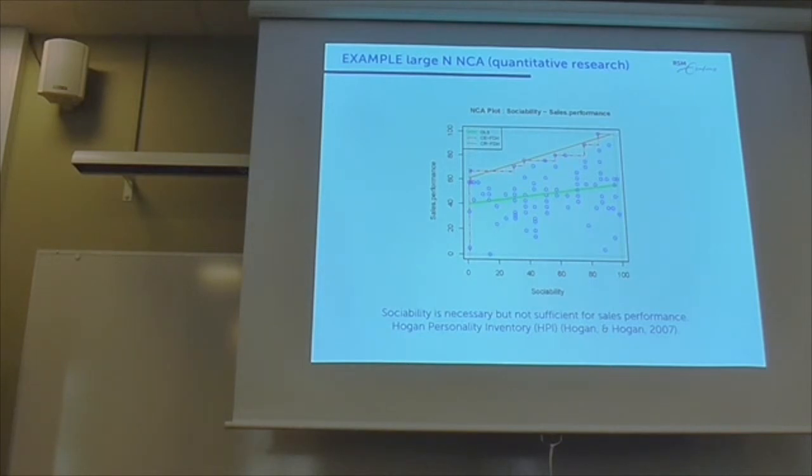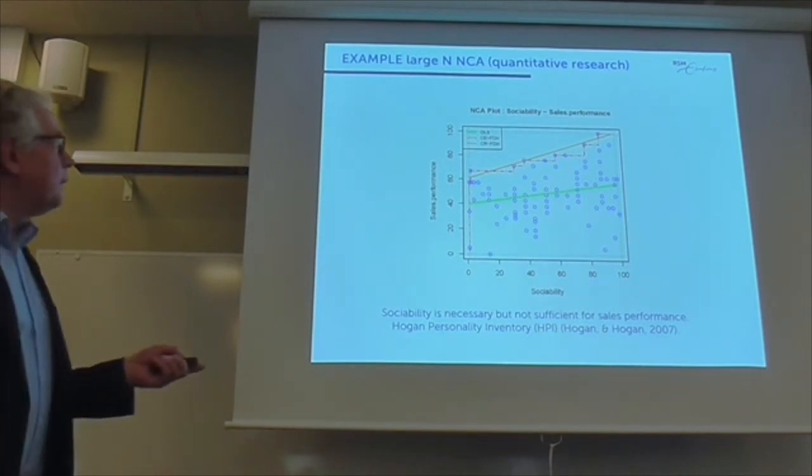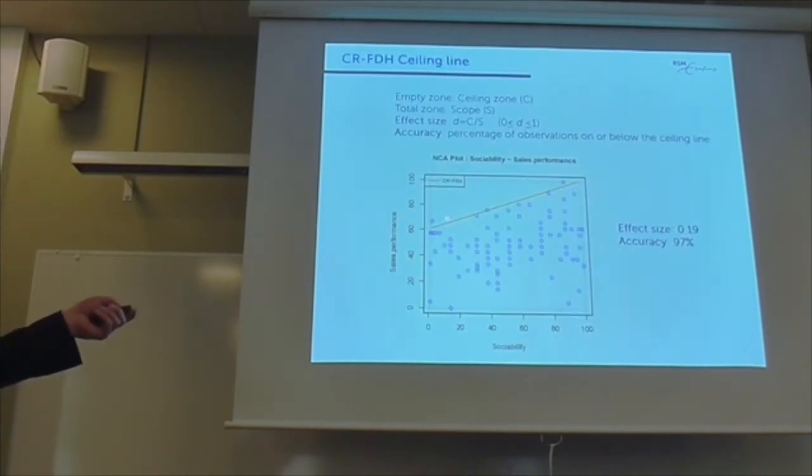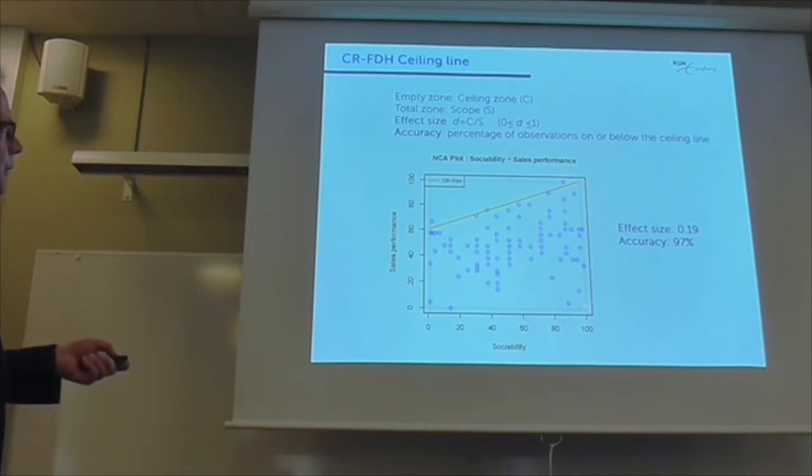So drawing the ceiling. In this example, you have defined the line. I use this line now. So we have what we call the ceiling zone, which is the empty space above the line. The total zone is called the scope. Given the maximum x and the maximum y and the minimum x and the minimum y, this is the scope.